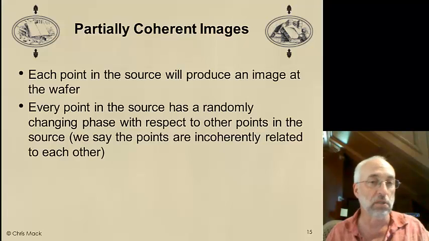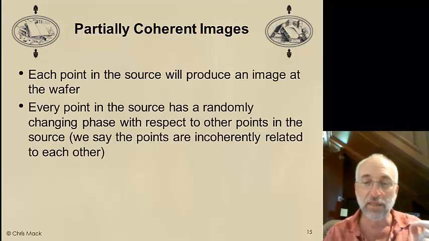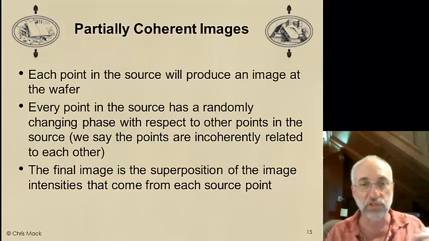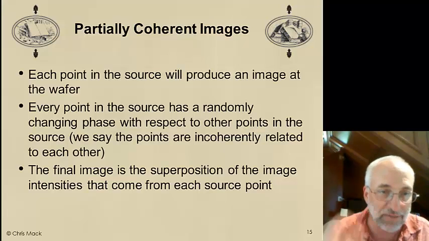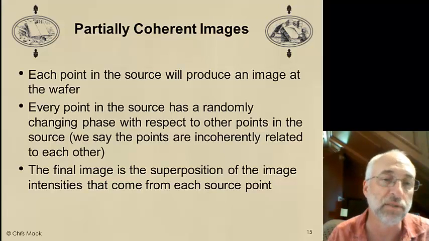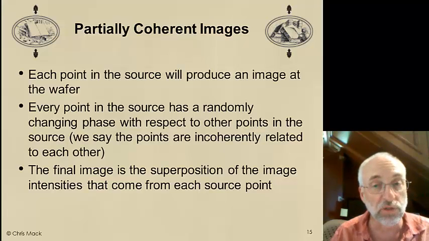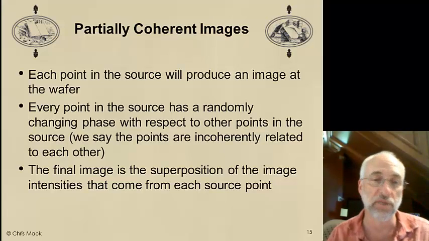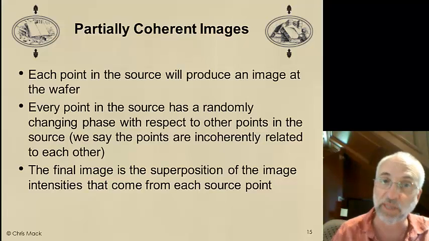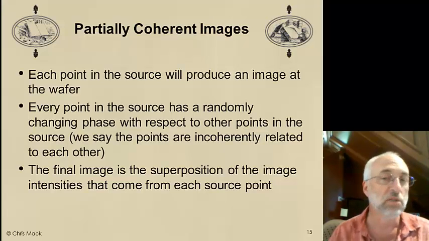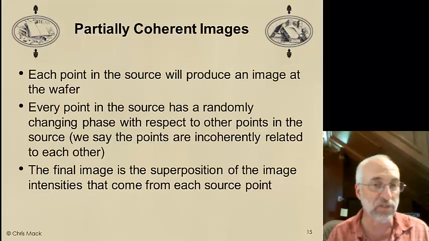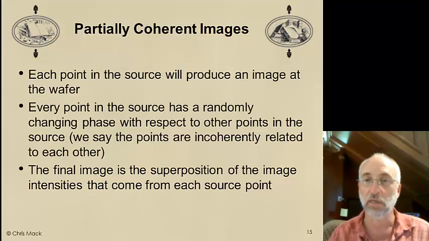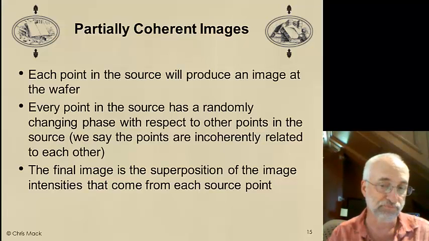As a result, I can take every point in the source and calculate the intensity of the image that comes from that point and superimpose upon it all the other images from all the other points in the source. This idea of superposition of image intensities is the way in which we calculate a partially coherent image.